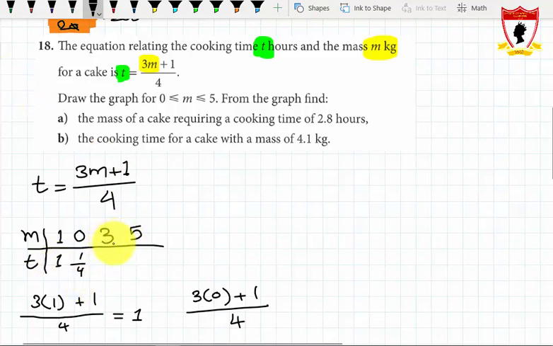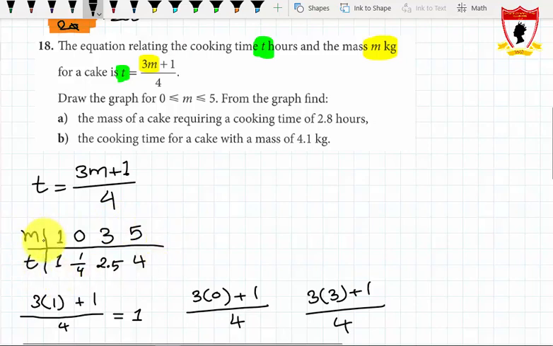Now if we put 3 in place of m, we have 3 times 3, which is 9, plus 1 is 10. 10 divided by 4 is 2.5. It's fine to keep your answer as a fraction or decimal. It's your decision. And finally, if m is equal to 5, 3 times 5 is 15, plus 1 is 16. Divided by 4 is 4.